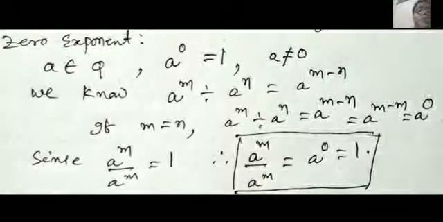Since a to the power m divided by a to the power m is equal to 1, this confirms that a to the power 0 is equal to 1. Okay? a to the power m by a to the power m is equal to a to the power 0, which is equal to 1. Clear?